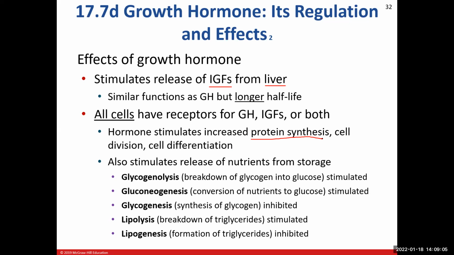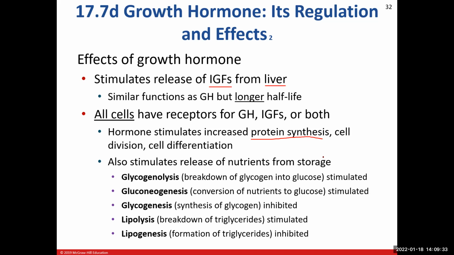So proteins do quite a bit. Not only will growth hormone stimulate increased protein synthesis, but it's also going to stimulate cell division, which is very helpful when we're growing, and then cell differentiation. We get those, I won't call them primitive cells, but those embryonic stem cells, and then they need to differentiate into a specific type of cell line, so we can generate a specific type of tissue.